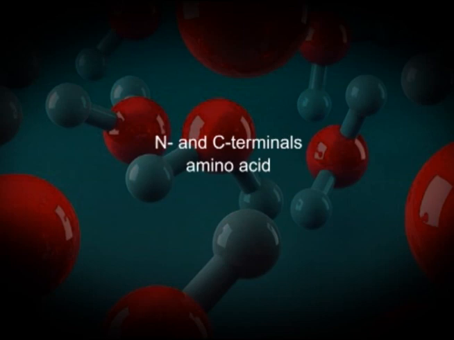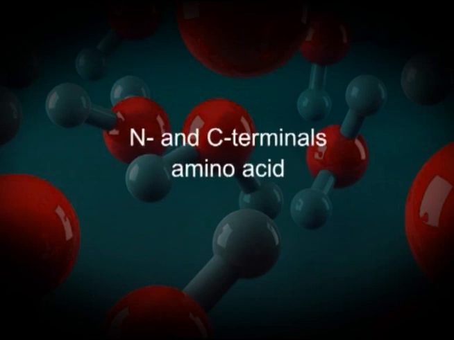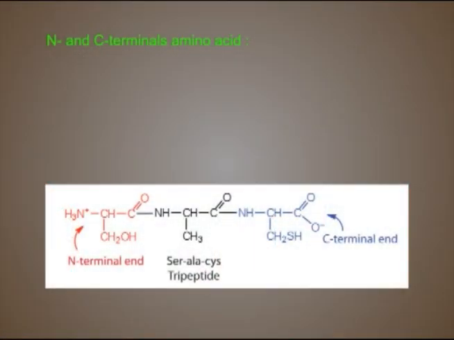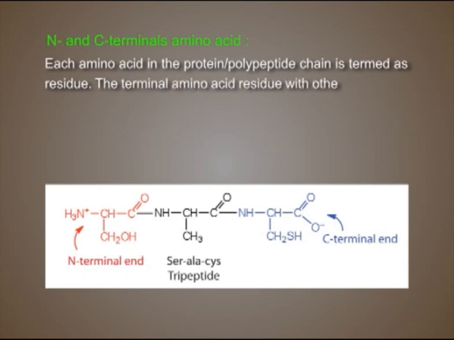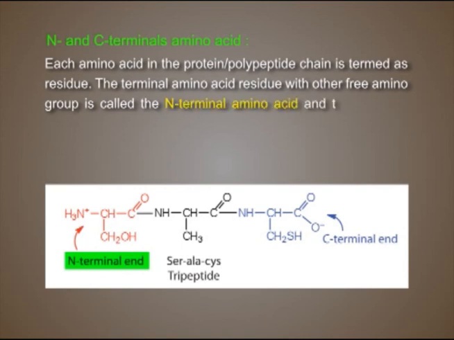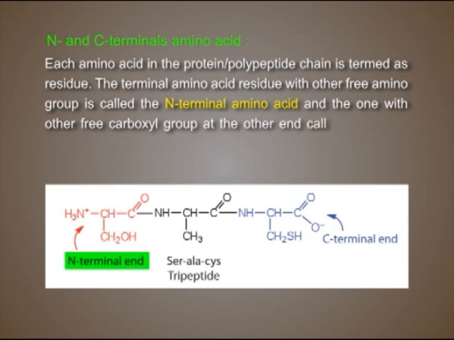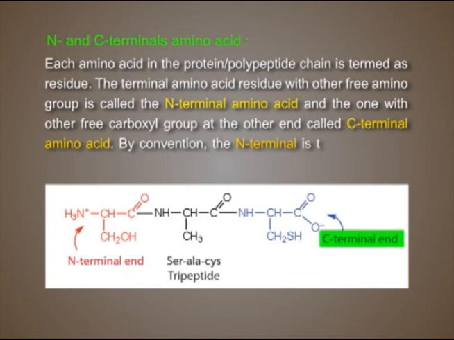Now, N and C terminal amino acid. Each amino acid in a protein or polypeptide chain is termed a residue. The terminal amino acid residue with a free amino group is called the N-terminal amino acid, and the one with a free carboxyl group at the other end is called the C-terminal amino acid.